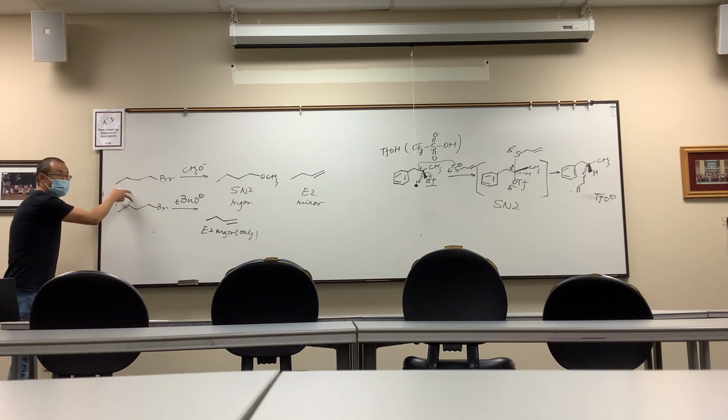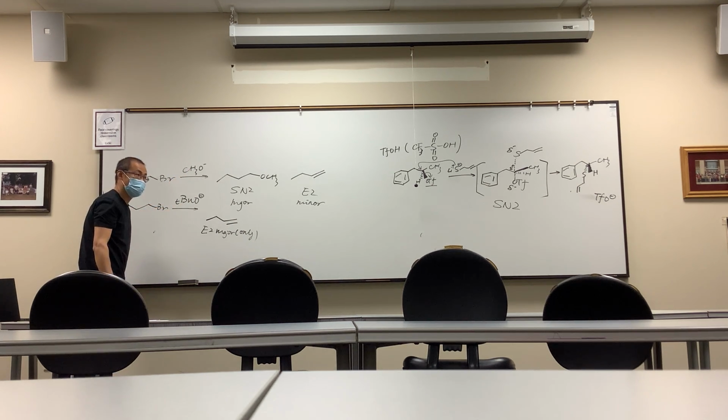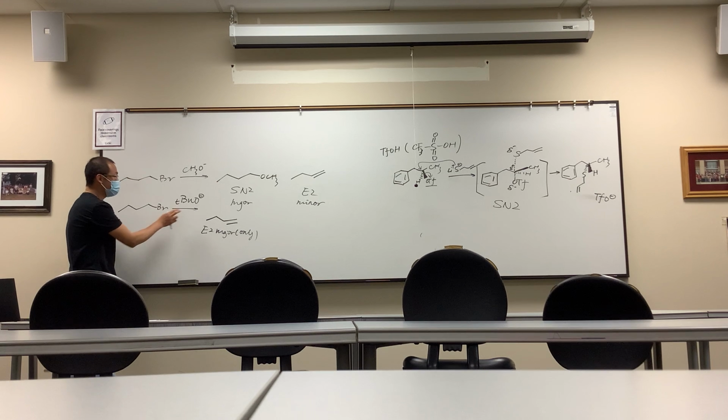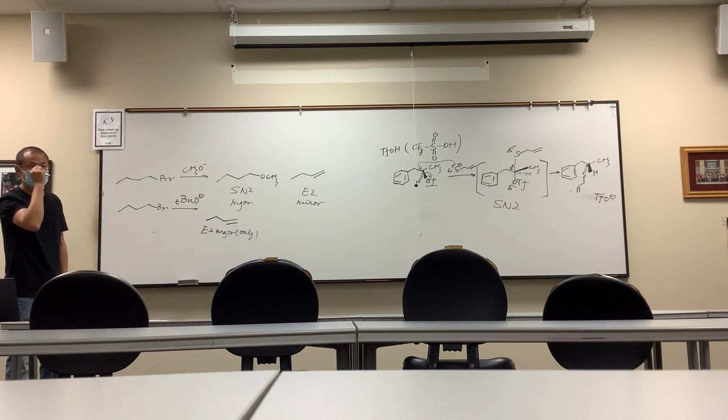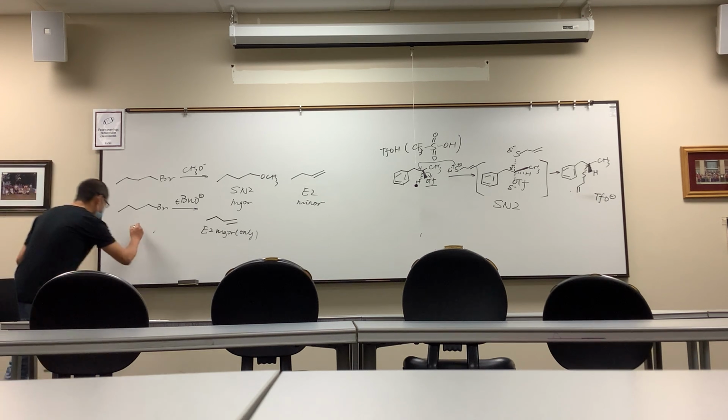If I start with the same thing and want a different product, if I want substitution, I choose a less hindered base. If I want elimination, I choose a bulky base. You can control it by selecting the reagent. They're both primary. Does it make sense, guys? Okay, next.